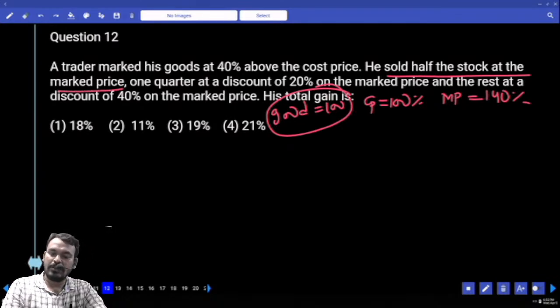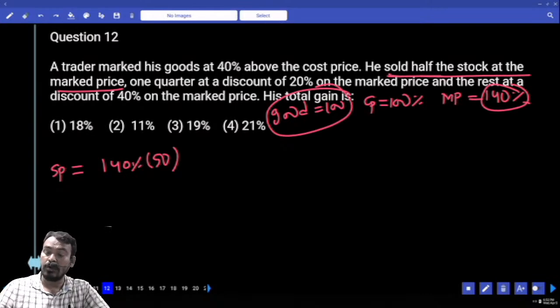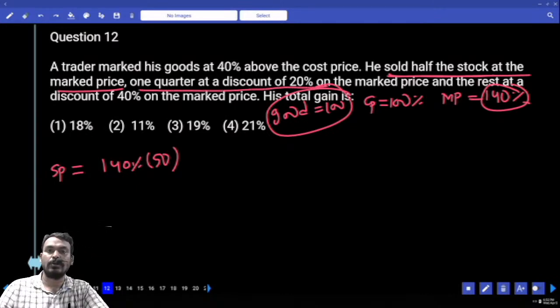Out of the total goods, half of the stock at the market price. What is the total stock? 100. In that, half means 50. Those 50 are sold at the market price. What is the market price? 140%. Then I write 140% of 50. That is the selling price. One quarter at a discount of 20% on the market price. What is the market price? 140%.